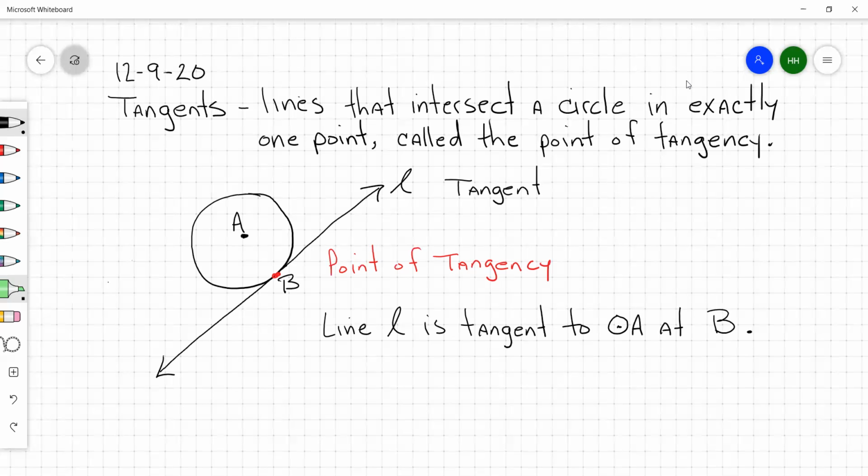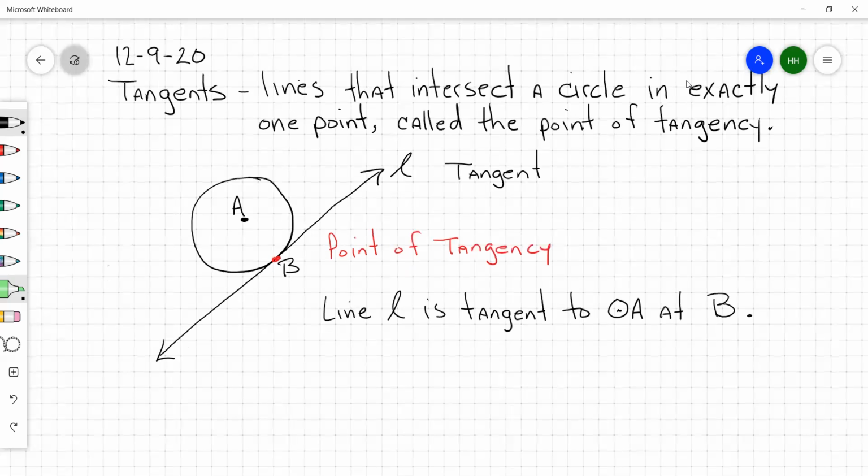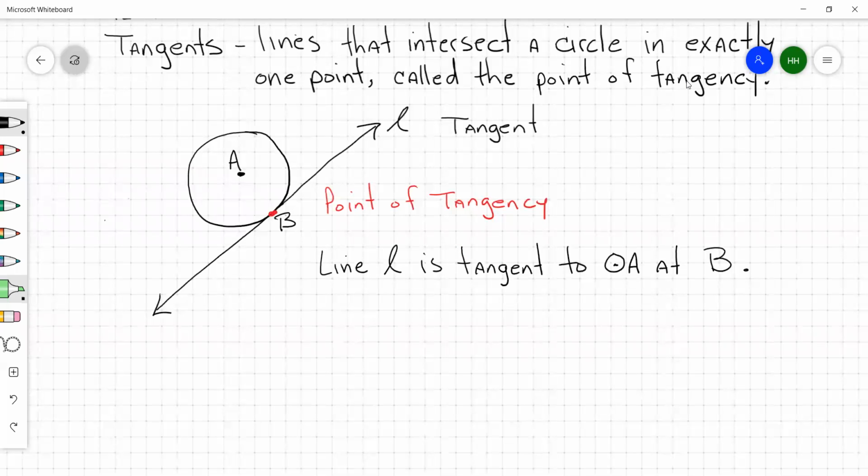And then we've got some rules that apply to tangents. And here's one of the rules.